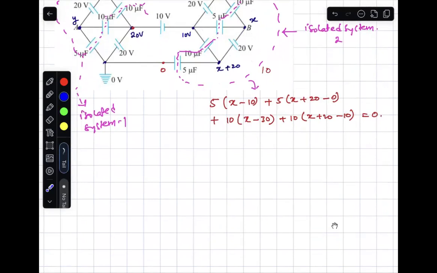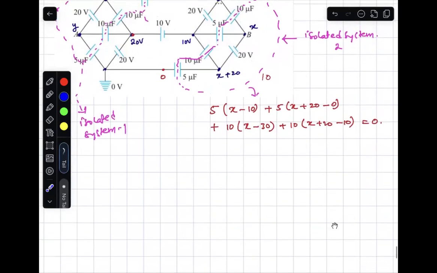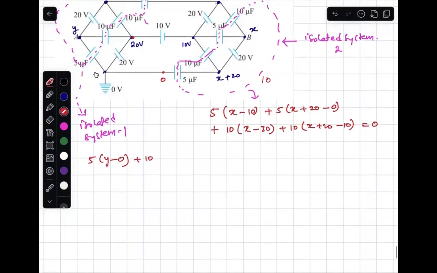Now similarly, you will get an equation for y. So I am writing the equation for y. Carefully watch. 5 into y minus 0, this one I have taken. Next, 10 into y minus 20, which one I have taken? This part.